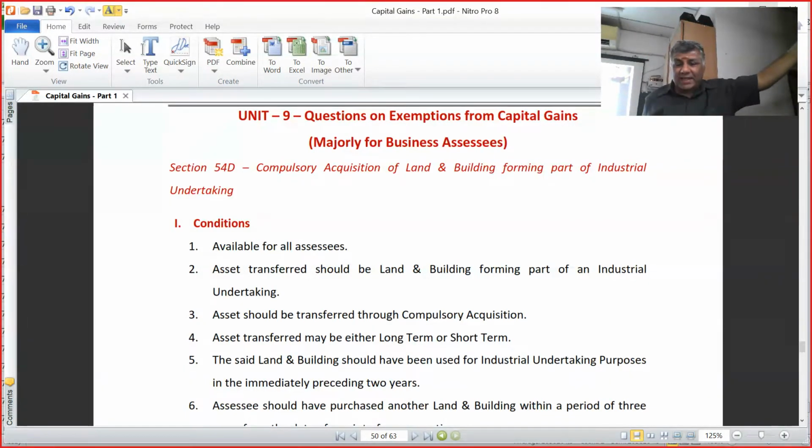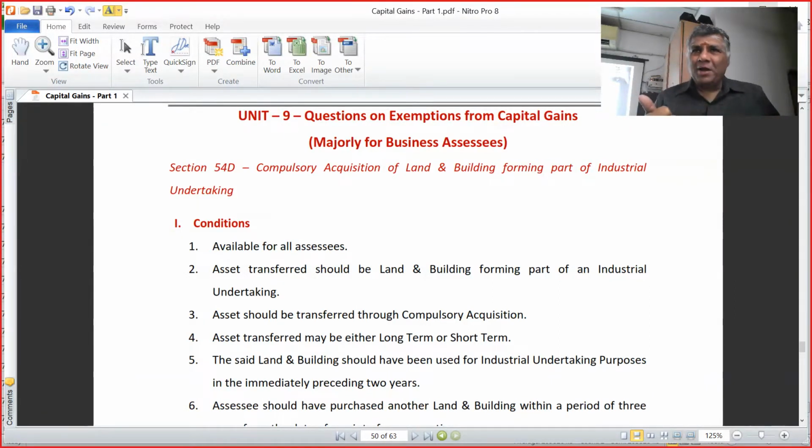Before progressing, let me come to the most important point. In the case of all business assets, majority of the gain can be short term. Only for land it will be long term.